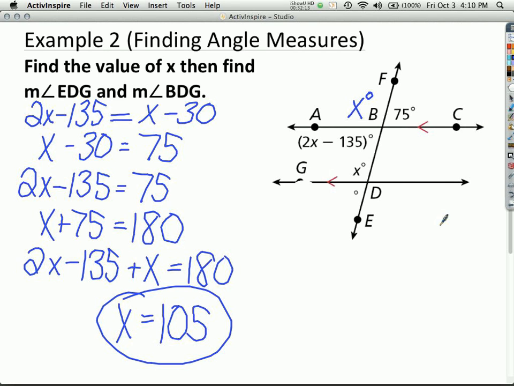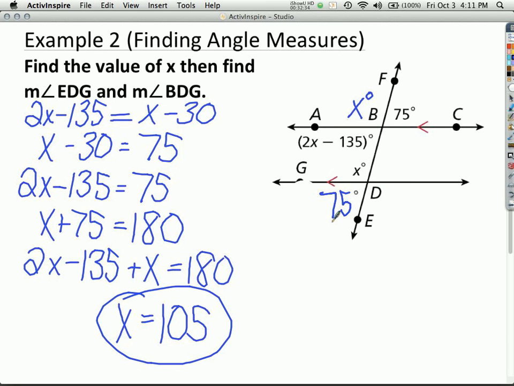Kamoy? Yeah, it's 75 because it's alternate exterior with this. And what about BDG? This one right here, that's x. We already know it. x is equal to what? Stephen? 105. So this one's 105, that one's 75.